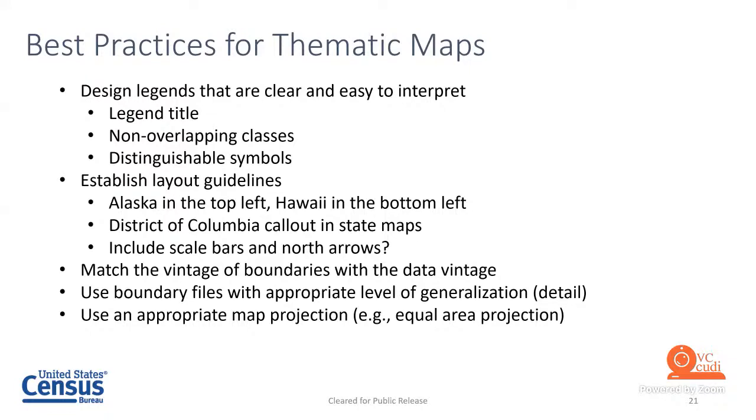Another layout guideline would be to establish whether to include scale bars and north arrows. Scale bars are not required on thematic maps. We do include them on some thematic maps, and it's essentially just to provide an indication of scale, and we make them very simple scale bars, not ornate scale bars. Same thing with north arrows.